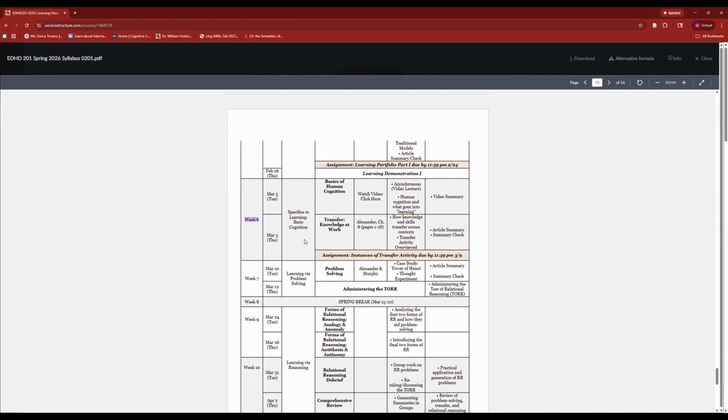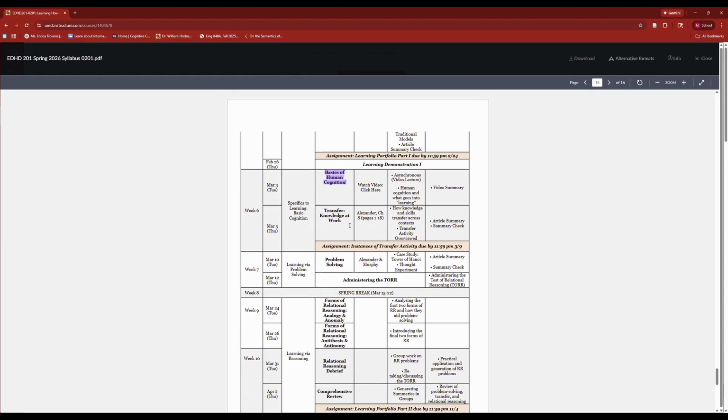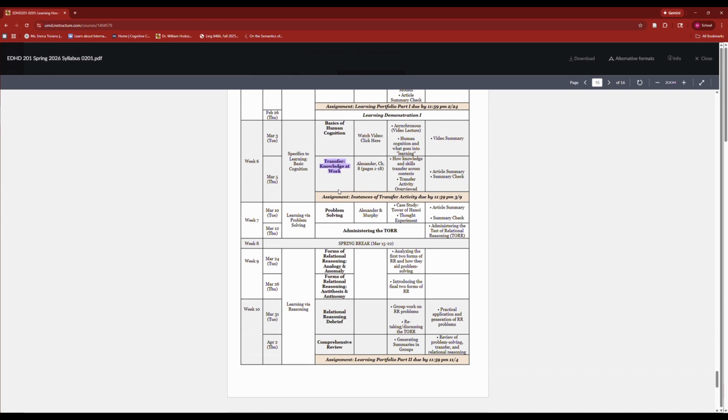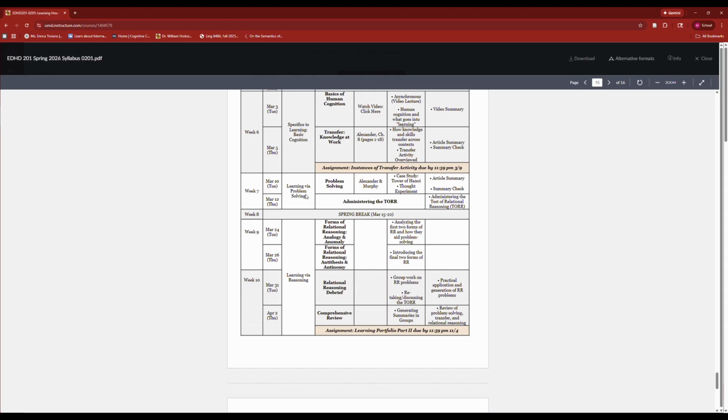The second one starts off with basic cognition, bridging that into problem solving, and then bridging that into reasoning. And what I would like you to do is just sort of go over the rest of the syllabus. If you have any questions, you can let me know. Please email me. My email is mfusening@umd.edu. It is also at the top of the syllabus and also available in the ELMS page.